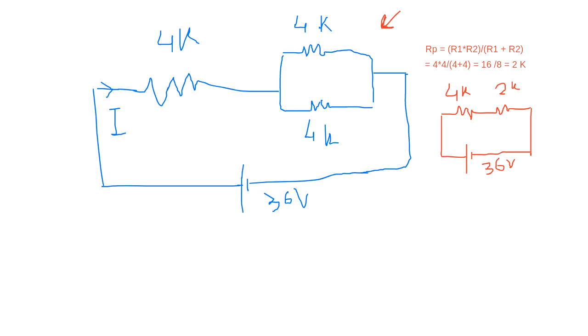If I ask you how much is the total resistance now, these two are in series. Can you see the circuit? They are not parallel, right? They are in series.